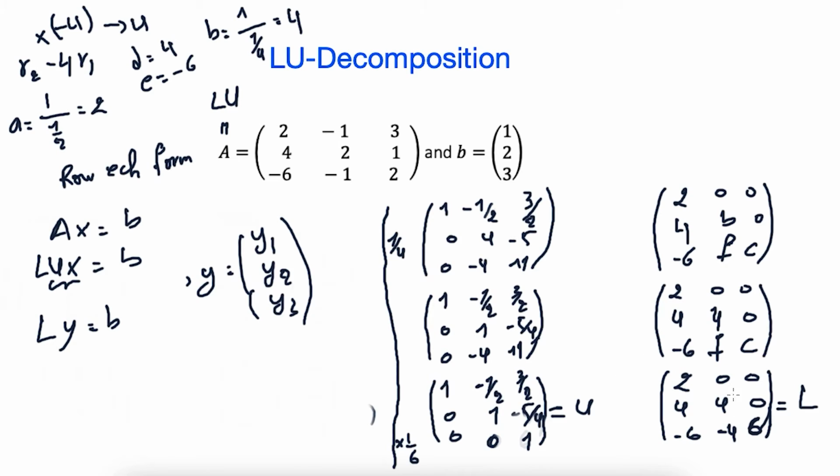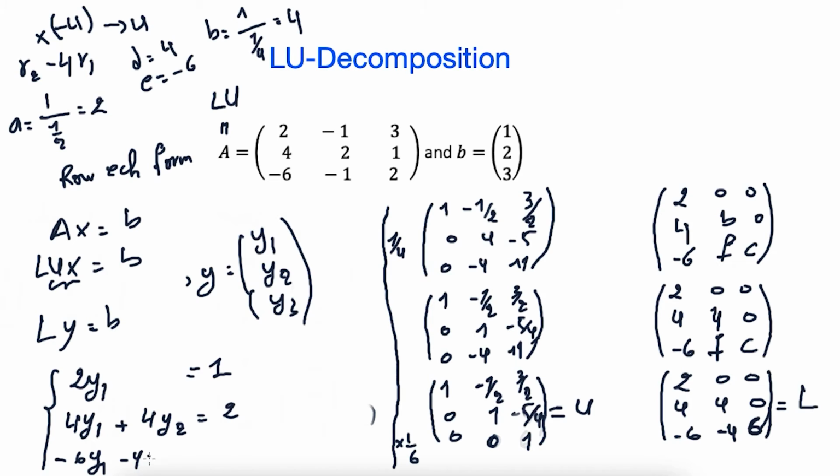So L here is this matrix, so when we multiply it by y, it will be 2y1 plus 0 and 0, so they will be equal to b here, which is 1, so it equals 1, and here 4 and 4, so it will be 4y1 plus 4y2, which equals b here, which is 2, and the last one is -6y1 minus 4y2 plus 6y3, which equals 3 here.